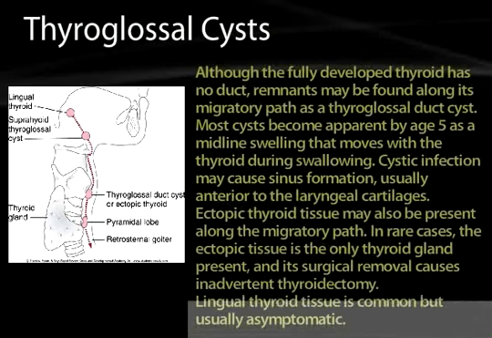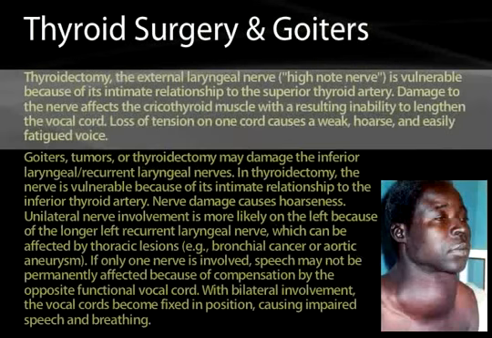The lingual thyroid tissue is common but usually asymptomatic. There will be times when a thyroidectomy is called for. One of the risks of that is that the external laryngeal nerve, which is a branch of the superior laryngeal and is sometimes called the high note nerve, is vulnerable to damage as the thyroid is removed.